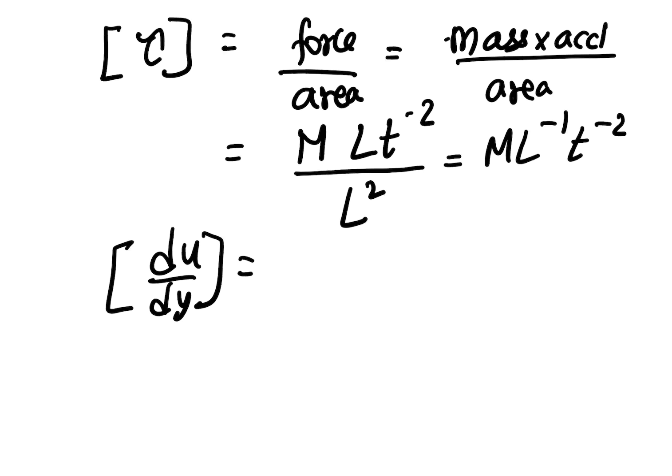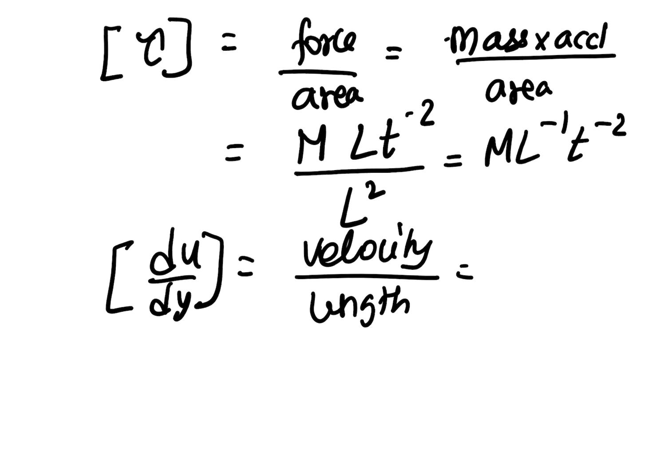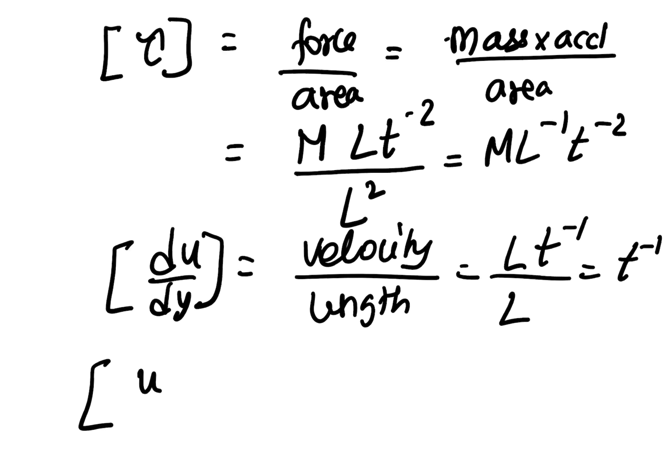And du by dy, if you forget, this is a velocity per length. So this is LT power minus 1 divided by L, or T power minus 1.